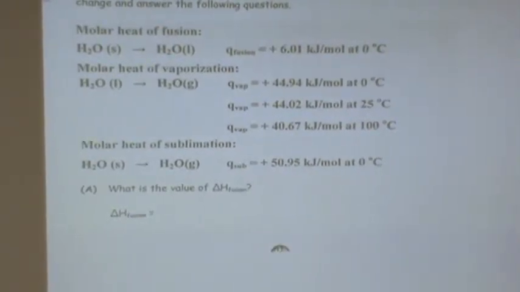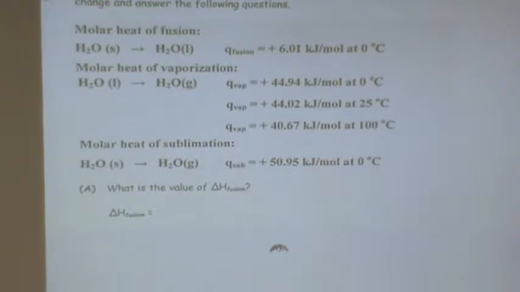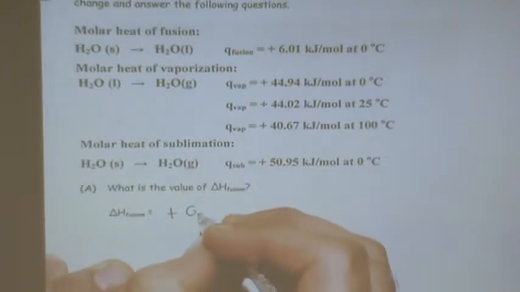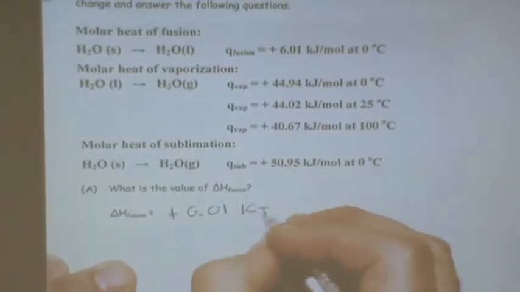So that delta H fusion is going to be the same number the problem is giving you. So you can put delta H fusion plus 6.01 kilojoules per mole.